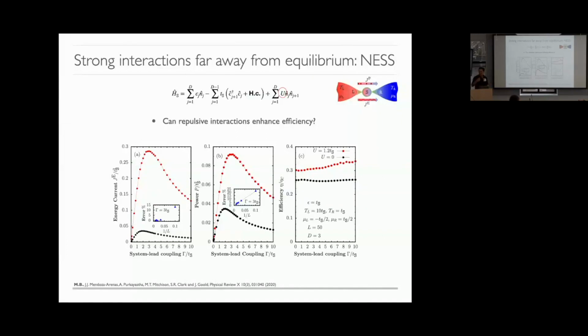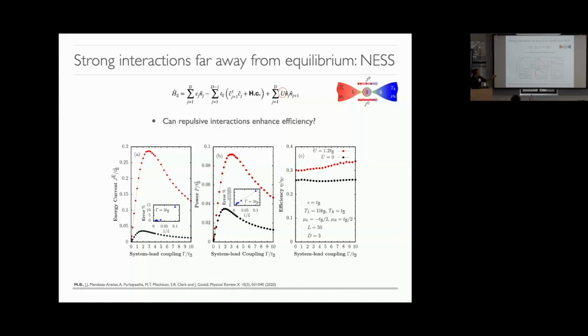The idea here is that repulsive interactions should lead to detrimental effects. There are inelastic scattering effects happening that we expect will be detrimental to efficiency. But that's not the case. If you look at the black lines here, this is the non-interacting problem.